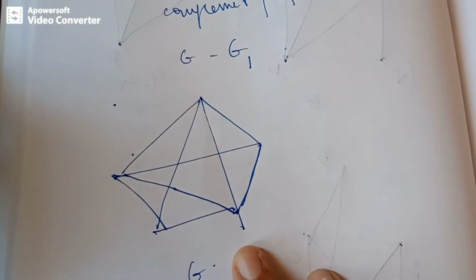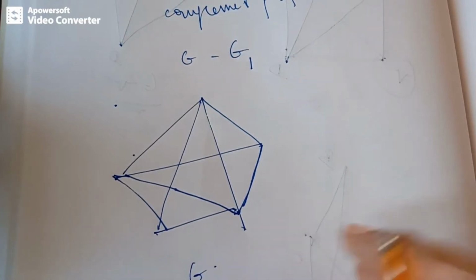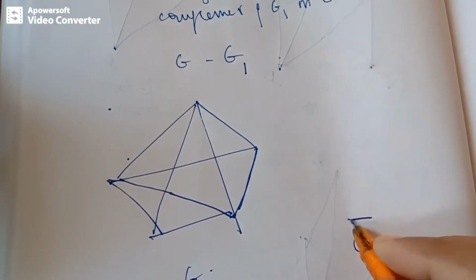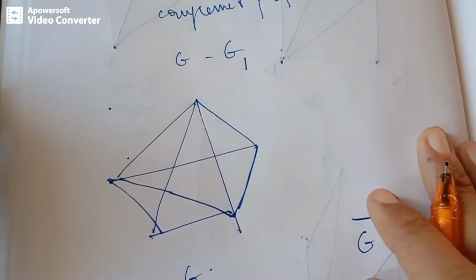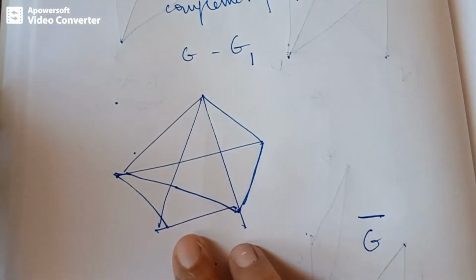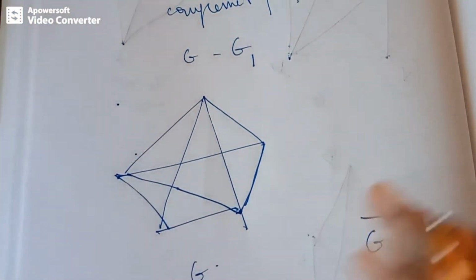Okay, so now how do you write the complement of G1? Complement of G1 we denote by G complement. So what is our original graph? So this is our original graph G, okay, and let G1 be the graph.